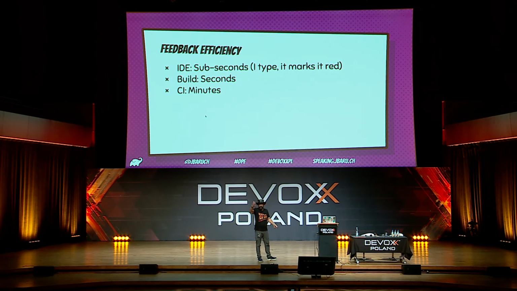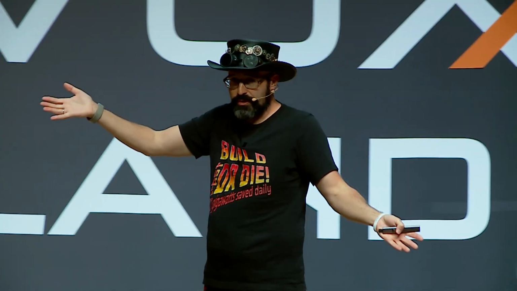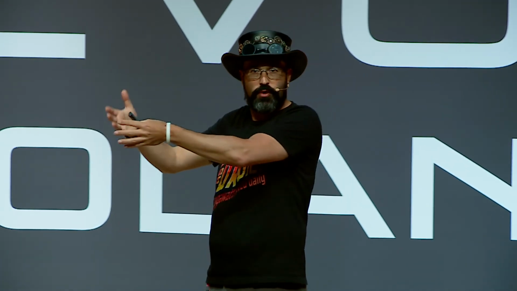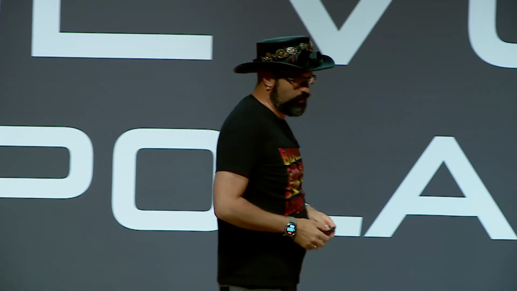And then CI, it might take minutes, tens of minutes, maybe half an hour. And obviously production: you've done coding, it goes to production. It's also very important feedback, right? Maybe you learn from the users that you did something wrong, but it's obviously much longer, hours, days, or whatever it takes to get the feedback from production.